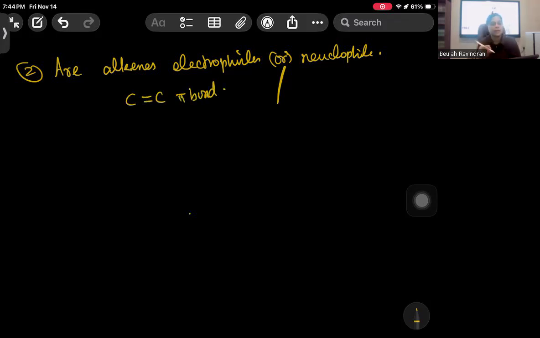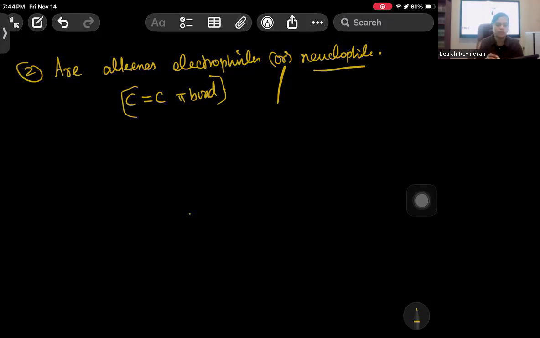Electrons are loosely held in a pi bond, therefore it is a nucleophile. It may easily donate electrons. So take down the answer: alkenes have an electron-rich C=C double bond, that is the pi bond. Electrons are loosely held in the pi bond, so it is a nucleophile.